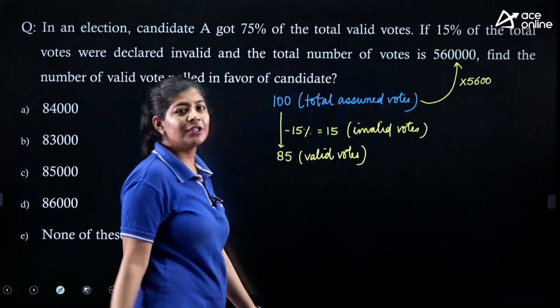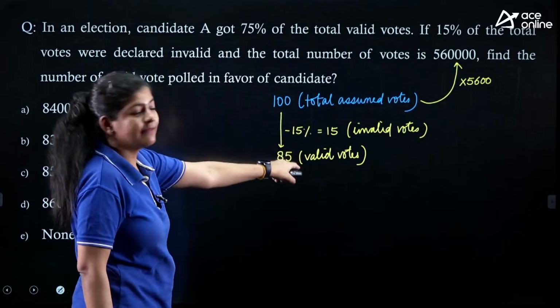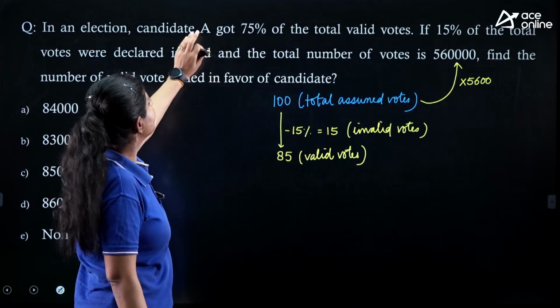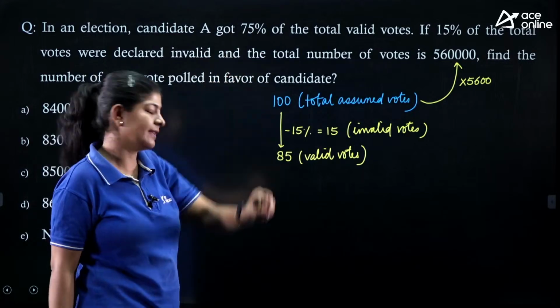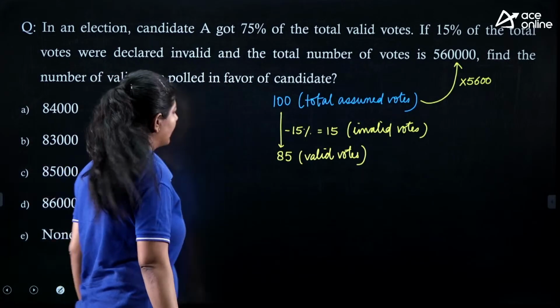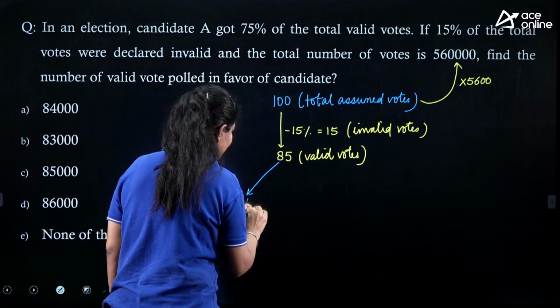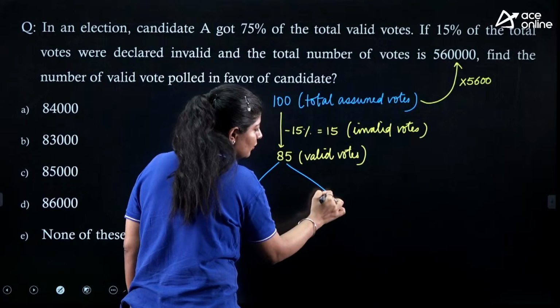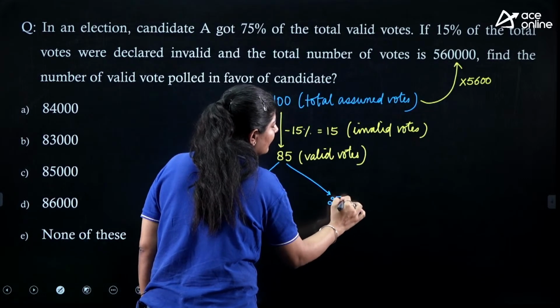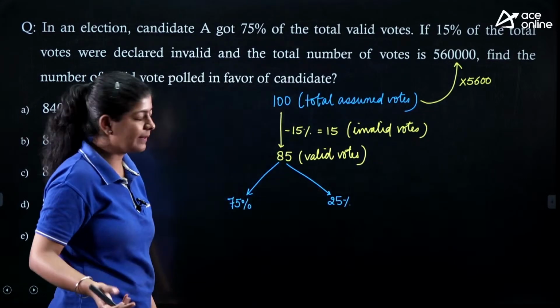Now, the question is saying that out of these valid votes, the winning candidate got 75%. So the winning candidate got 75%, and the other candidate will get the 25%, that means the remaining one.